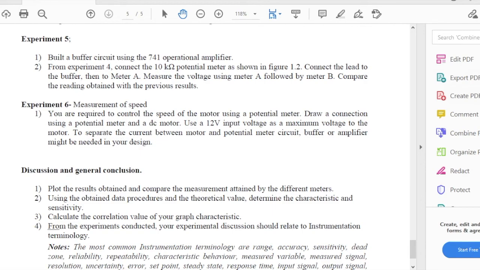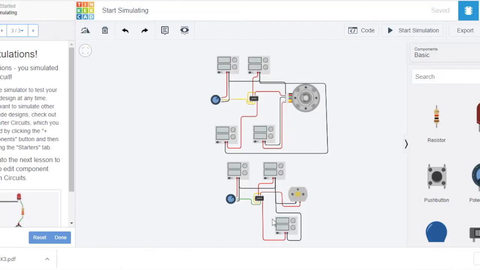Okay, so we construct the circuit for two motors. First, we use an embedded motor, and the second, we use a normal motor. So we want to compare which has higher sensitivity and which has lower sensitivity.